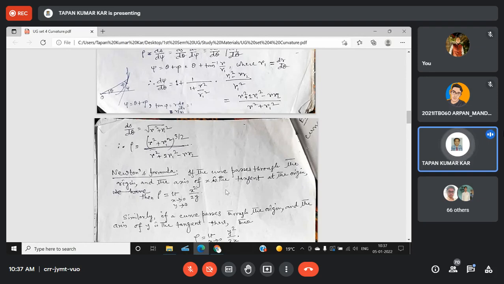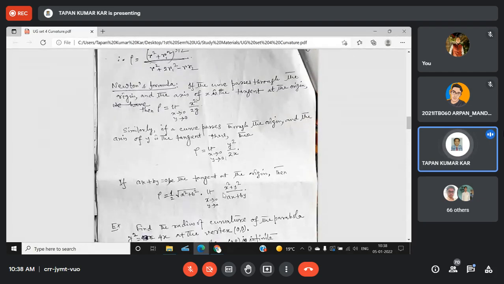And this Newton's formula is very useful for those curves which pass through the origin. If the x-axis is the tangent, then x square by 2y; if the y-axis is the tangent, y square by 2x; and if ax plus by equal to 0 is the tangent, then this is the formula.